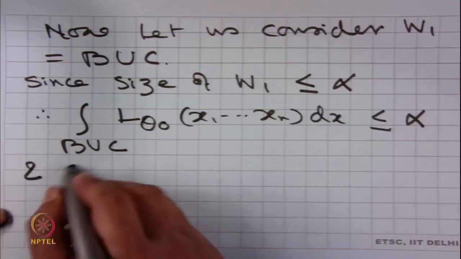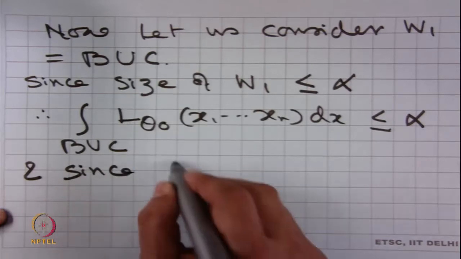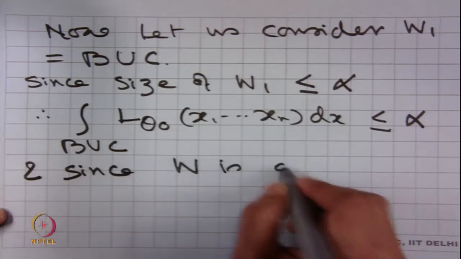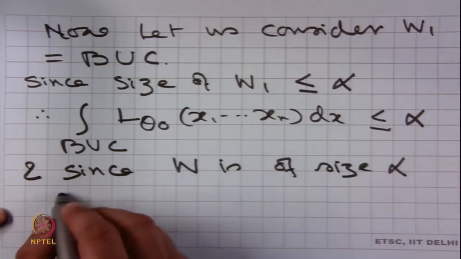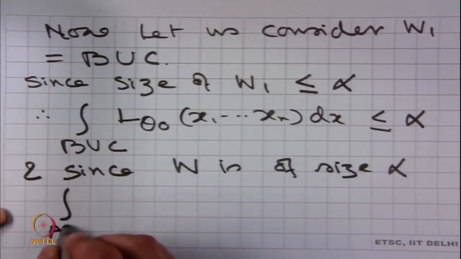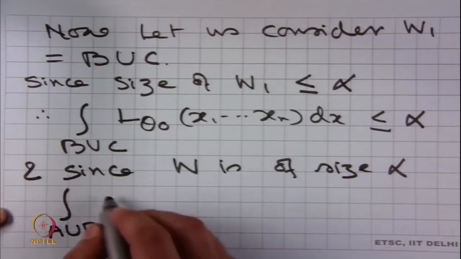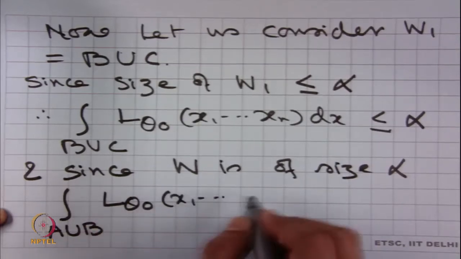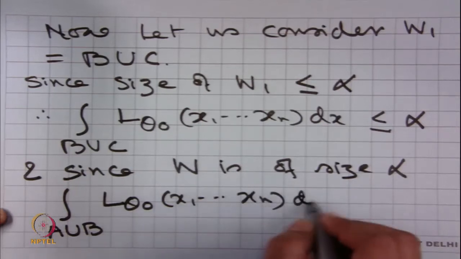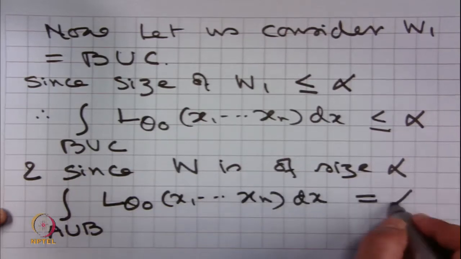And since W is of size alpha, integration over A union B of L theta 0 of x 1, x 2, ..., x n dx is equal to alpha.